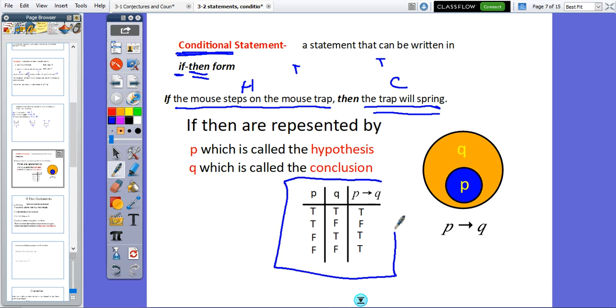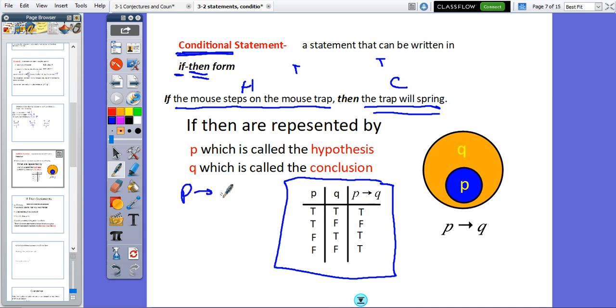Now let's look at this truth value table. This table is the table of all possible combinations of true and false that can happen. And you look at this, there's only one false. So let's look at what this means. Let's say P is true, Q is true, then if P then Q. That's what this little arrow means. This is how you write this conditional.